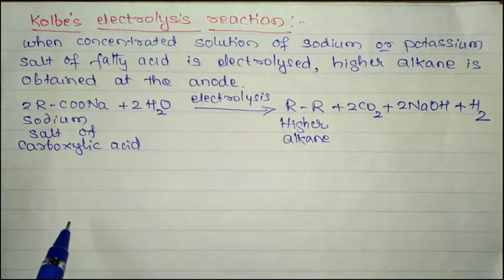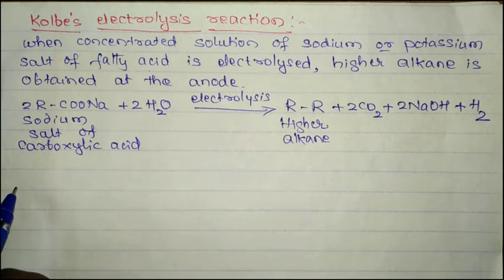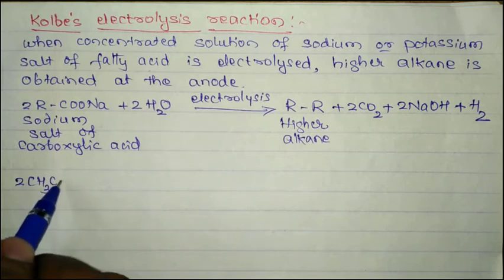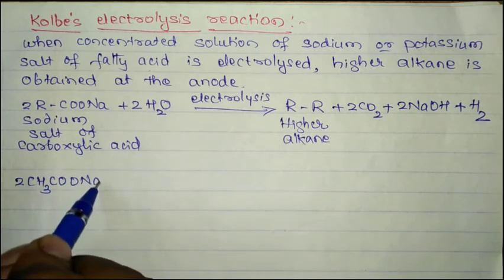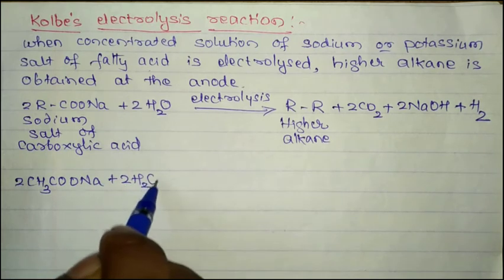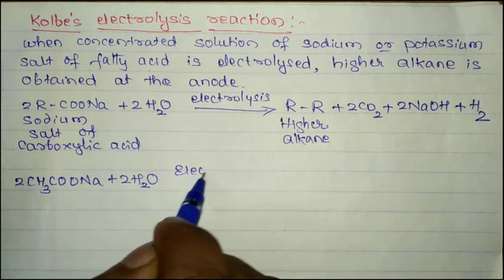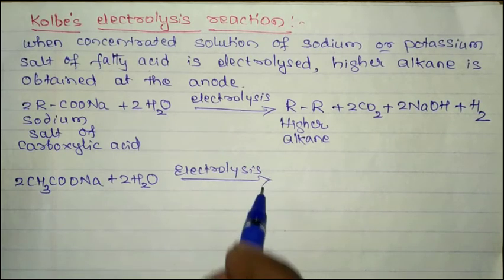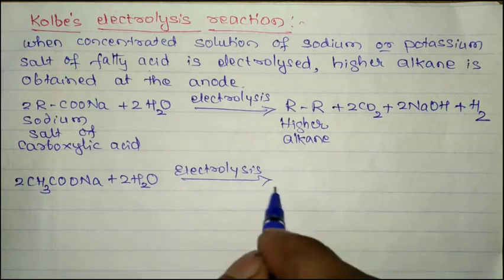Now we'll discuss one example. When a concentrated solution of sodium acetate, that is 2CH3COONa, is subjected to electrolysis, a higher alkane is formed.